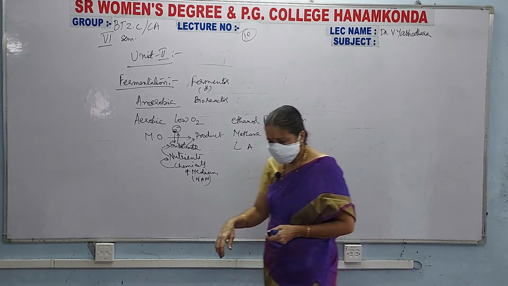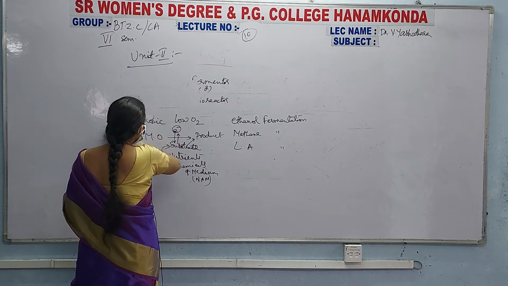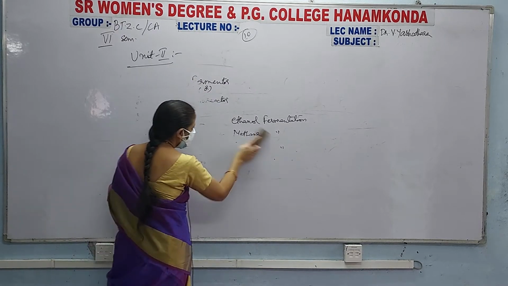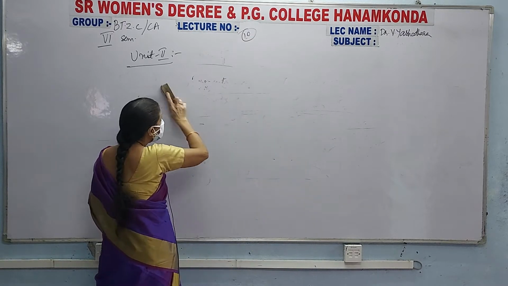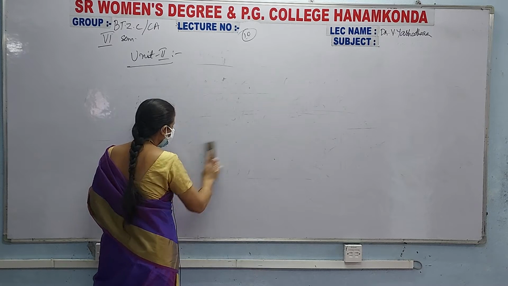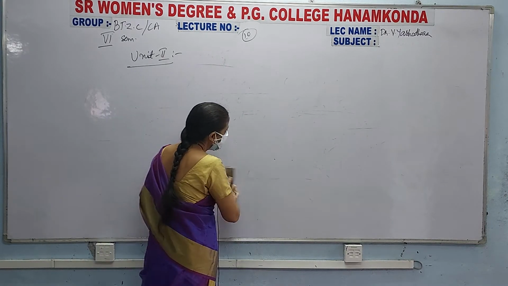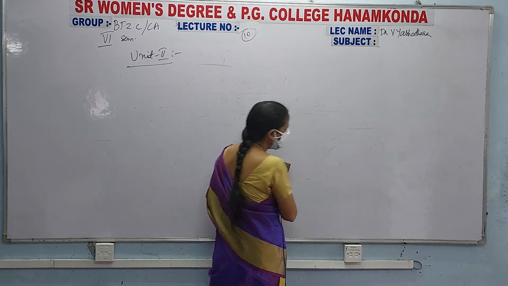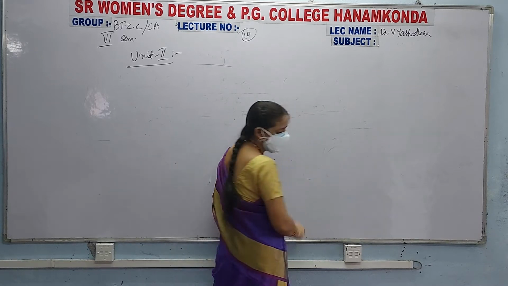Okay, now see here, coming to the next one, how to design a fermenter. When you are expecting a product, then you have to design a very nice fermenter so that the production can be enhanced.